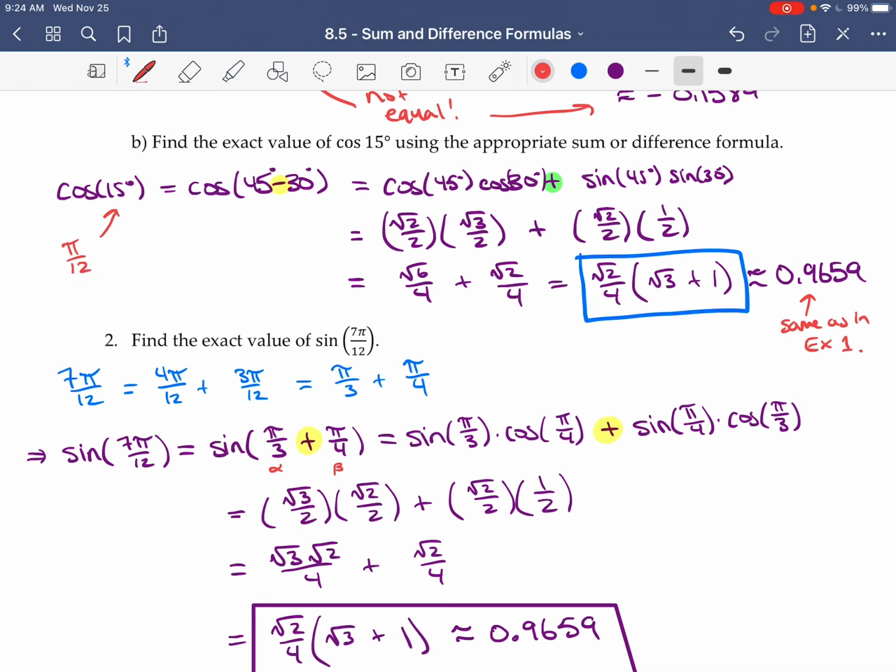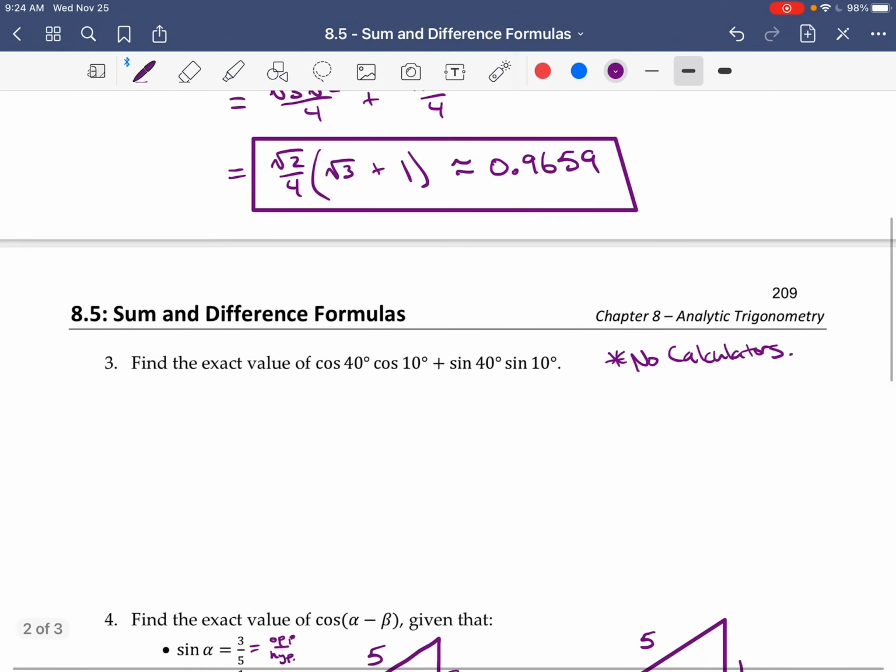If I do 180 divided by 12, I get 15. So if I have 7 of those, this one is 105 degrees. So it happens to have the sine and cosine switch there because of where they are on the unit circle.